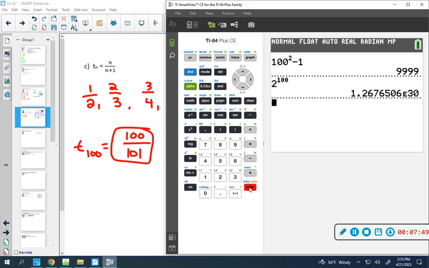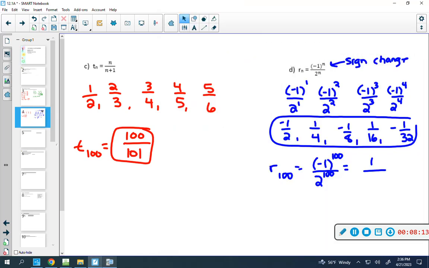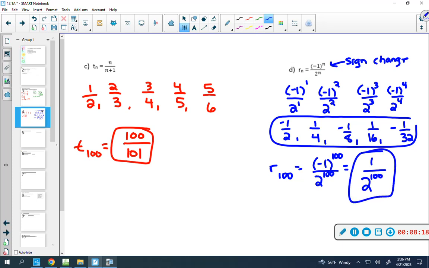So that's 1.26 whatever times 10 to the 30th, which means you would move the decimal places 30 times. Isn't that a really giant number? So let's make our lives easy because that's going to be such a ridiculous fraction. I'm just going to leave it as 2 to the 100th power.